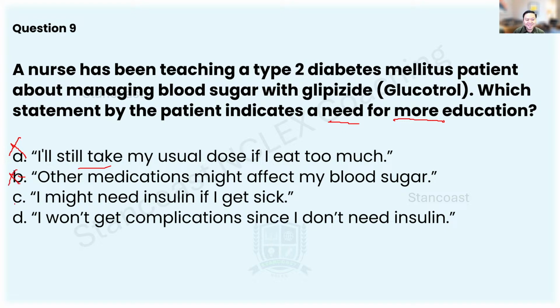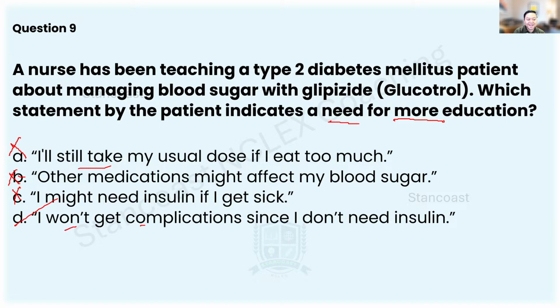If they stated, I might need insulin if I get sick, this is also a statement that signifies that they are understanding the nature of the disease. If their glucose is not controlled by the Glucotrol, then they might need insulin, especially during times when they are being stressed, right? All right, let's have letter D. That's the correct answer.